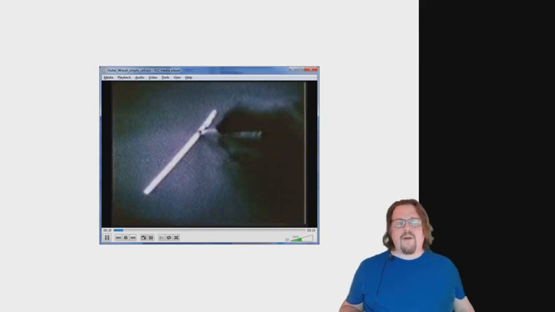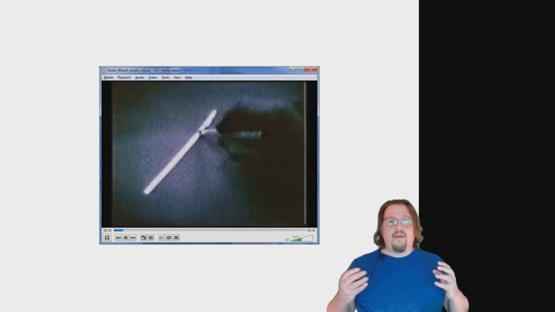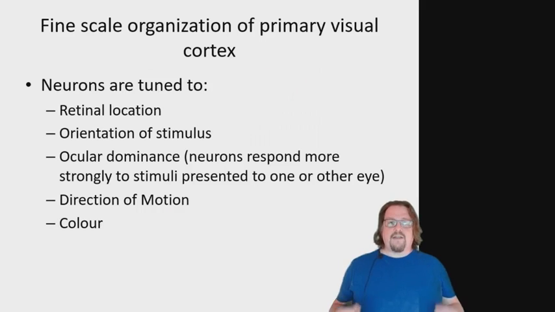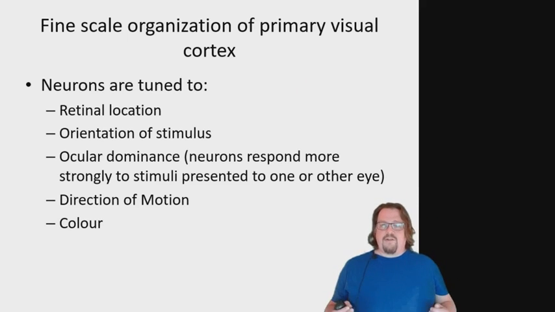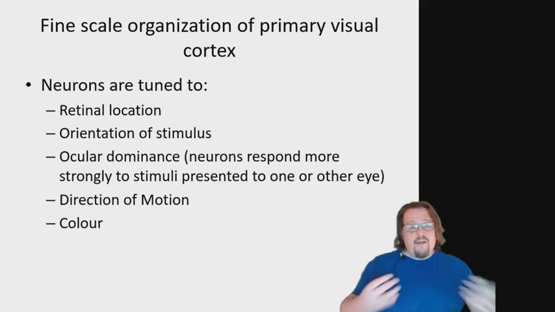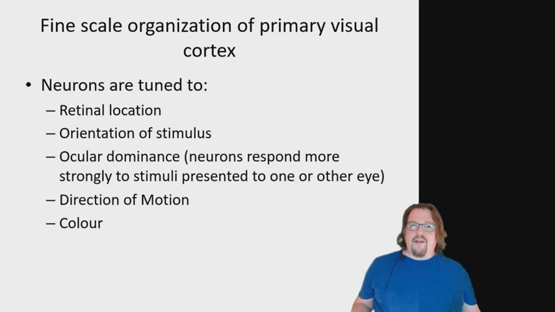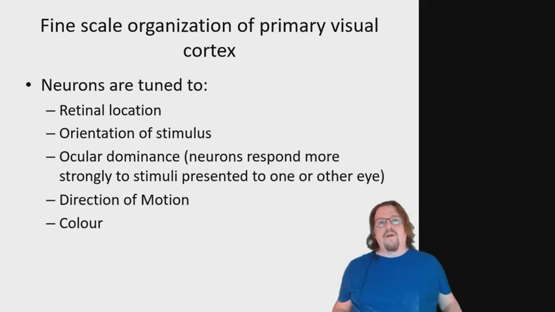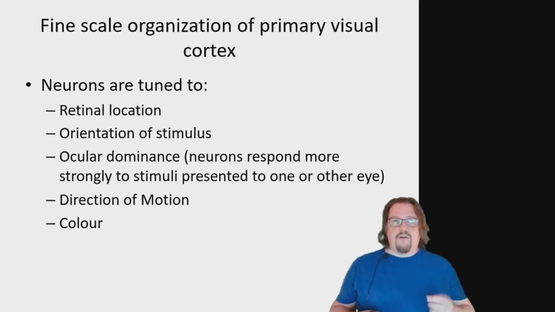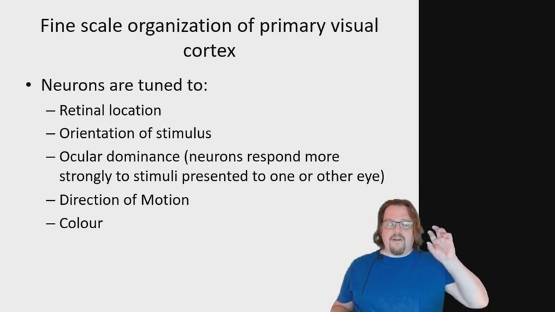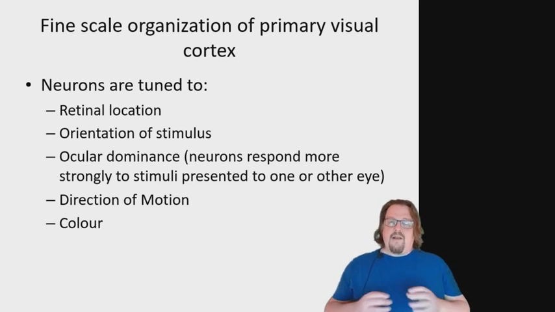It turns out that when you look at these simple cells in visual cortex, you find that they're tuned to multiple dimensions of the visual stimulus, as you'd expect, because this is where all of the visual information for the brain is arriving. So all of that information has to be carried in some form by the neurons at that staging post. And so we find that individual neurons are tuned to a certain retinal location, so a certain part of the visual field, a certain orientation of the stimulus, as we saw before.